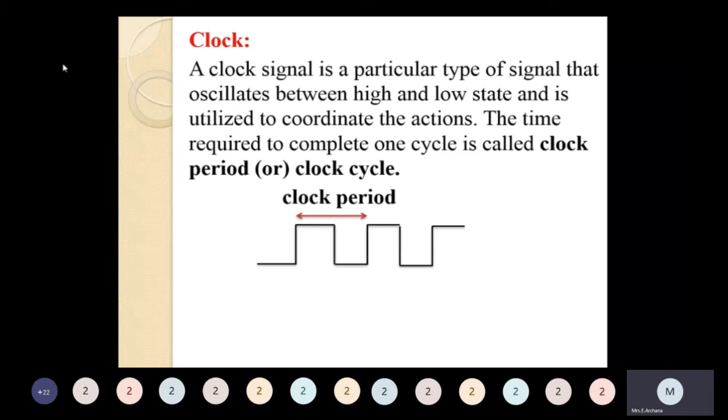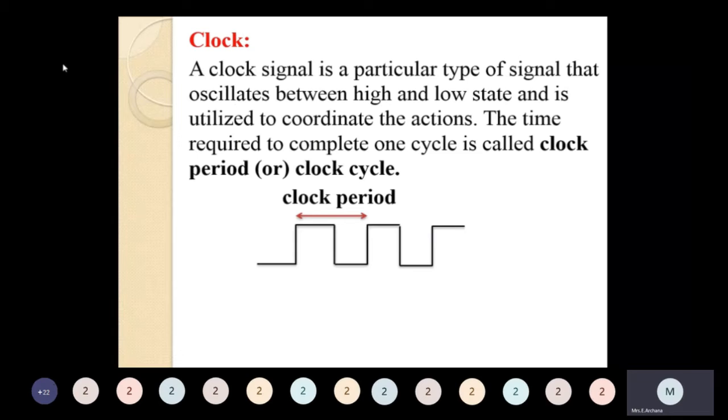It is a particular type of signal that oscillates between a high and low state and is utilized to coordinate the action. The time required to complete one cycle is called the clock period or clock cycle. You can see in this diagram, the arrow represents the clock period, the time required to complete one cycle.